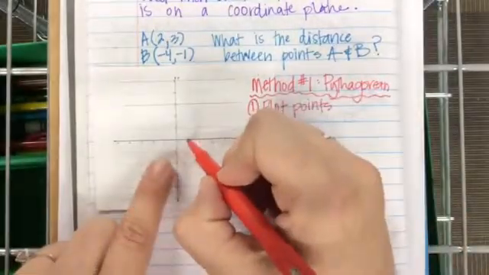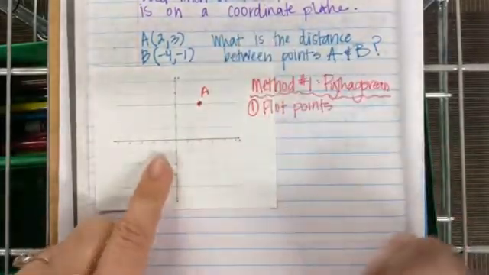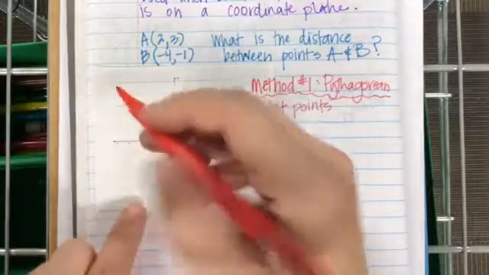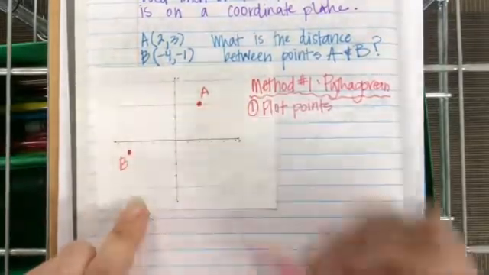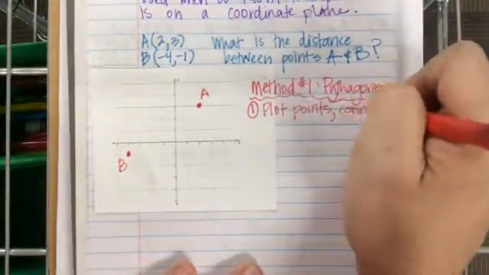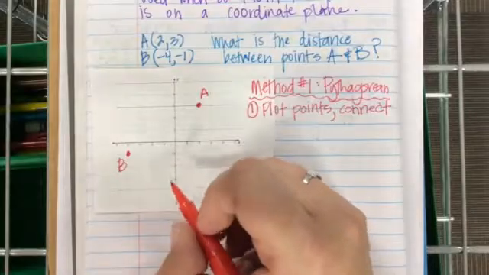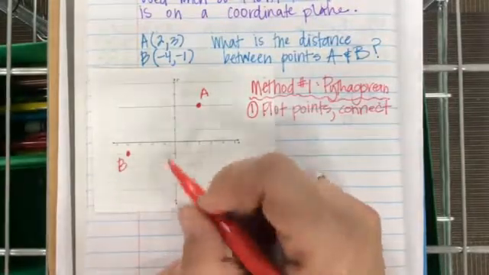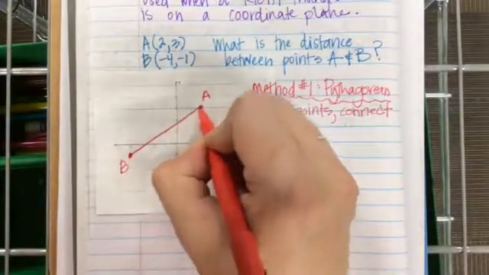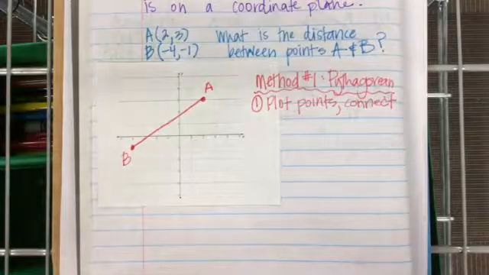So if I plot my points, I've got (2, 3), which is right here, point A, and (-4, -1), point B. Plot the points. Let's connect. If you need a straight edge, use a piece of notebook paper, the side of your MacBook, a calculator, something. Connect the dots. Or just go slowly, and it works out most of the time.